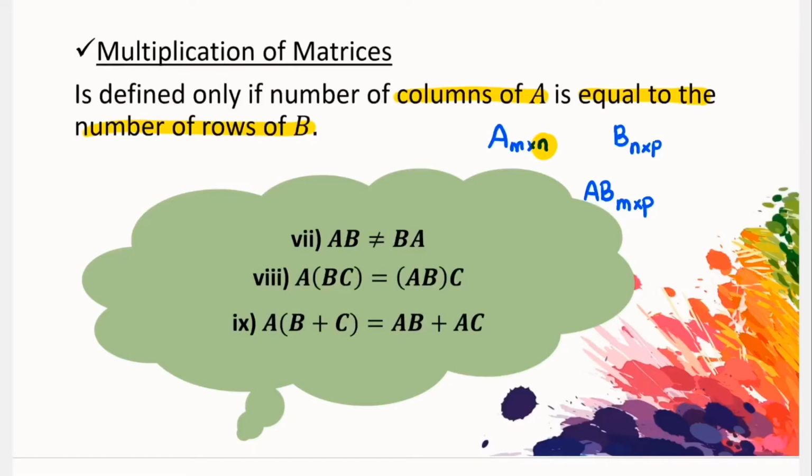The N here must be the same so that the multiplication of matrices A and B can be done.